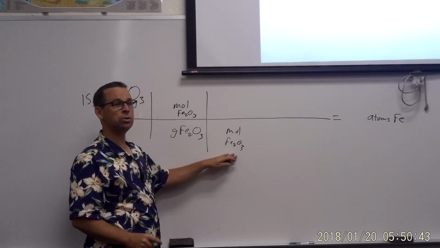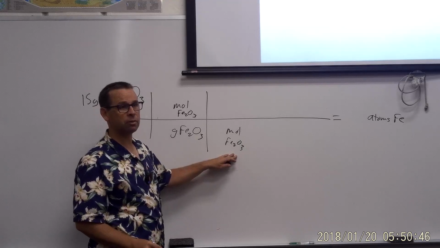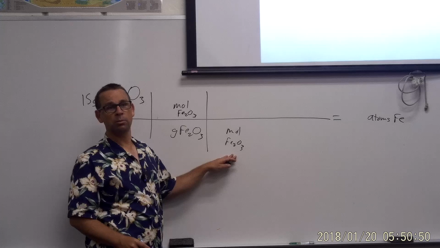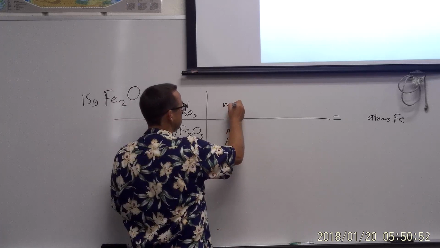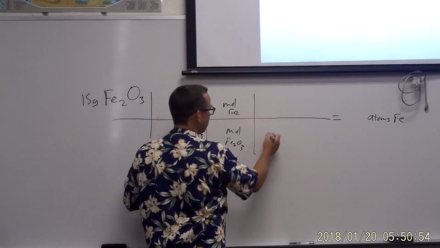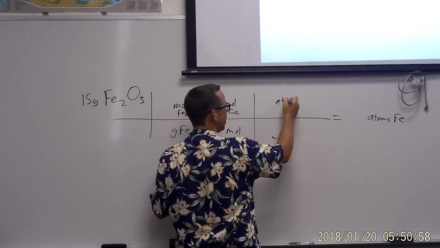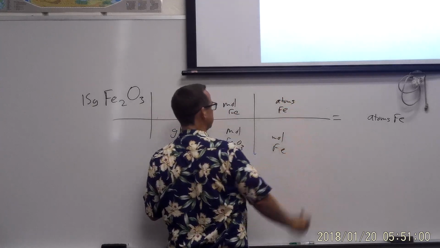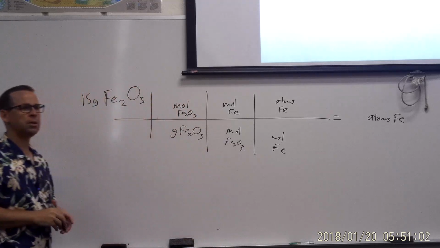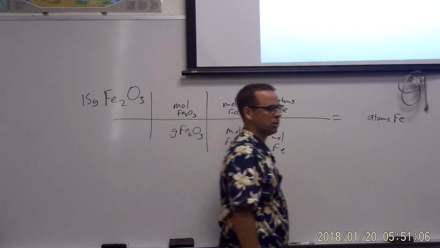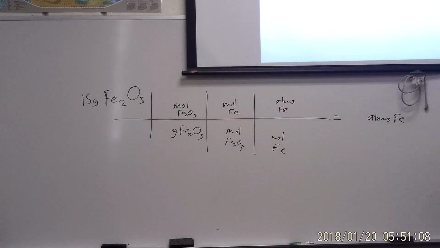First, I need to go to moles of iron, right? Moles of iron. And then after I have moles of iron, I can go to atoms of iron. All right, maybe talk with your neighbor. Make sure you know the values that go into these conversion factors.